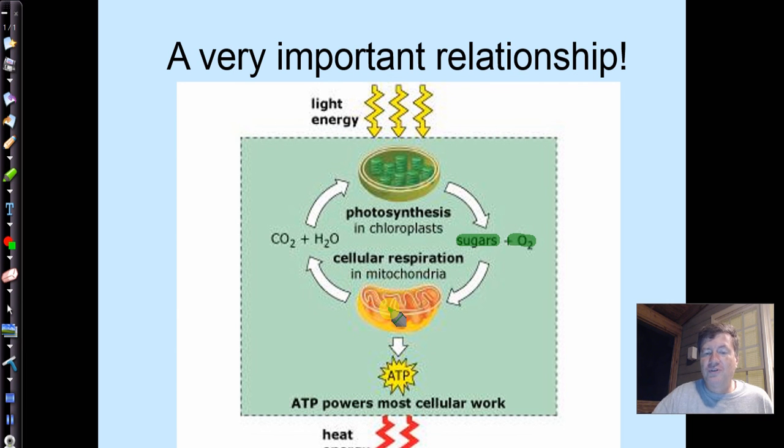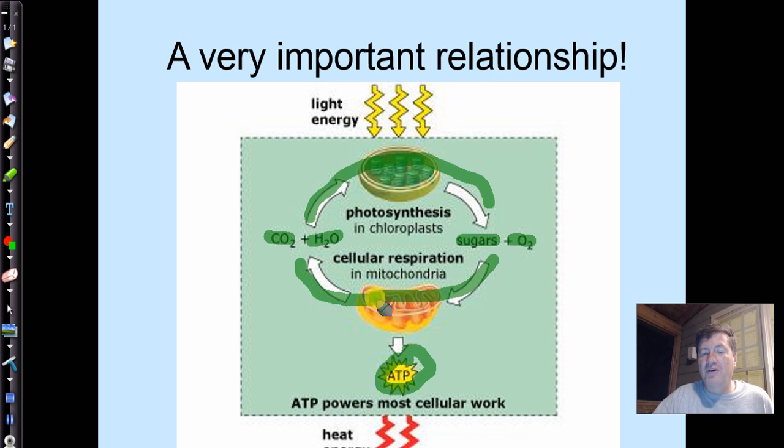In plants and animals with mitochondria, they're going to use sugars and oxygen to produce ATP and also produce a waste product, CO2, and produce water. Well, CO2 and water are used along with energy to make sugars and oxygen. Sugars and oxygen are going to be burned in mitochondria to produce CO2 and water and ATP.